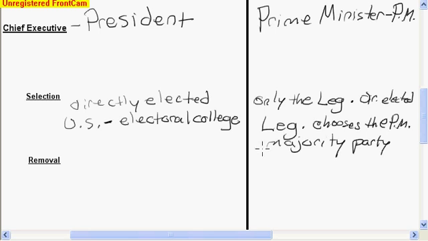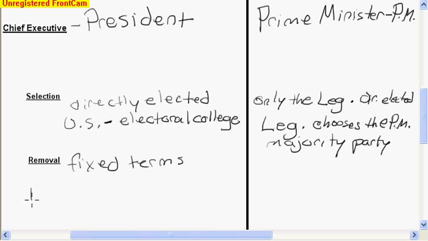So here you have only the legislative branch being directly elected by the people, whereas within the United States we directly elect both our legislative branch and our executive branch. Now, in terms of removal, over in the United States, there are fixed terms. What that means is it would be a lot harder for removal of the president.